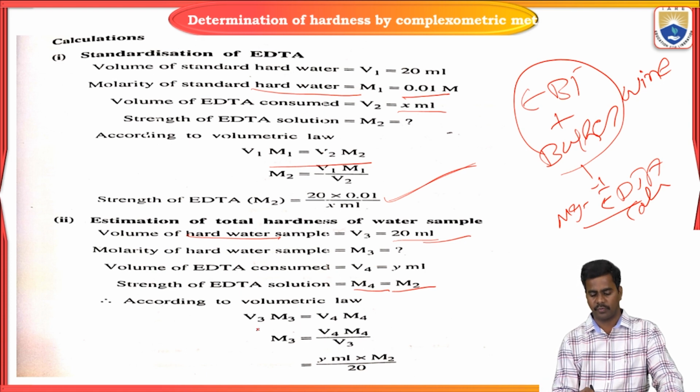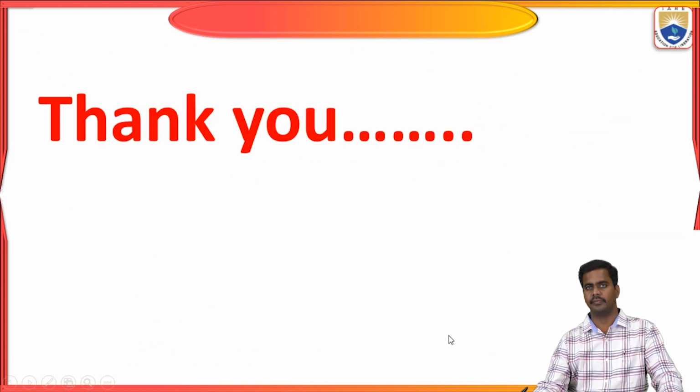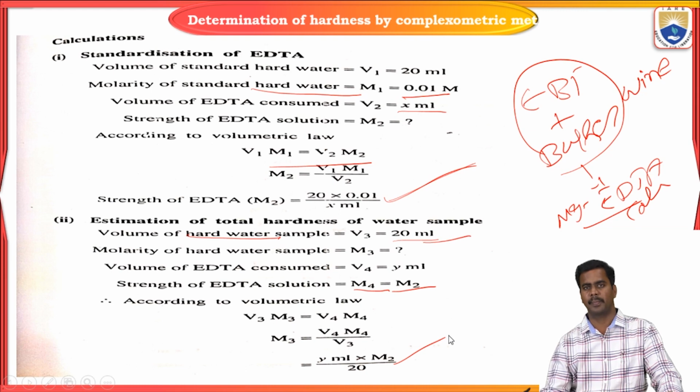So according to the volumetric law, V3 M3 is equal to M4 V4. Then M3 is equal to V4 M4 by V3, that is Y ml into M2 by 20. So by using this formula, we can estimate the hardness of the water, that is, how to estimate the amount of hardness present in a water sample through the complexometric method.